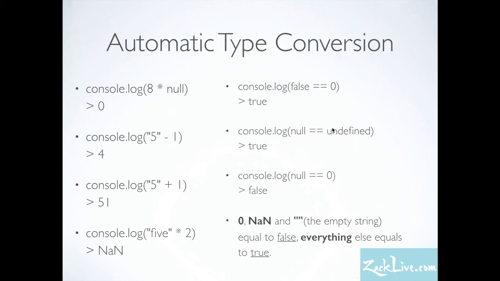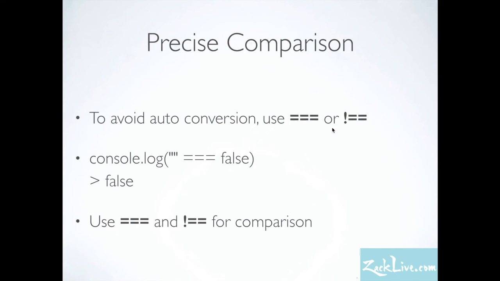Here are some examples of how the automatic type conversion works. You should try all of them in your JavaScript console. The point is 0, not a number, and the empty string equal to false, and everything else equals to true. Make sure you remember this one.